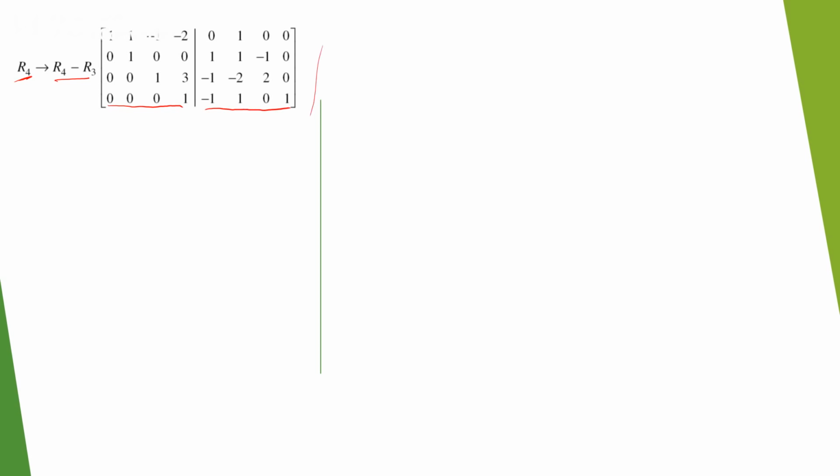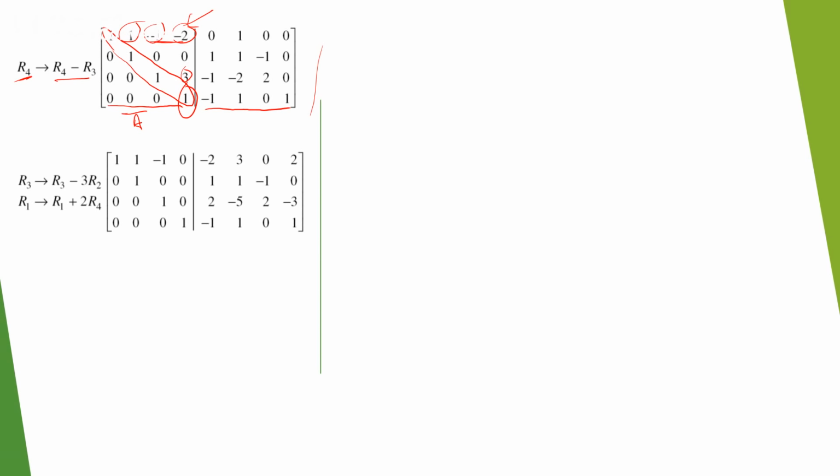Now because we have to make the matrix an identity, these elements also should be 0. So by the help of the diagonal elements we make these elements 0. First we make that element, by the help of the fourth diagonal element, 0 by applying the operation on R3.